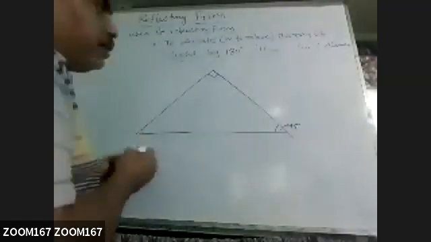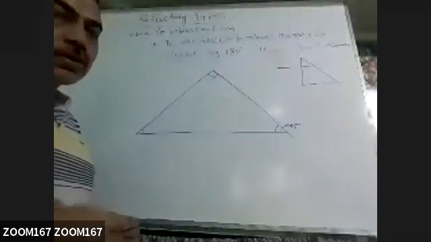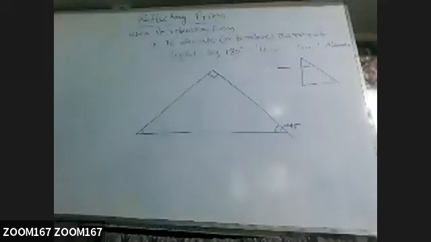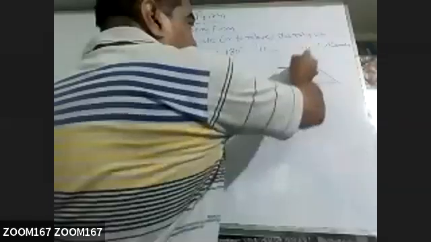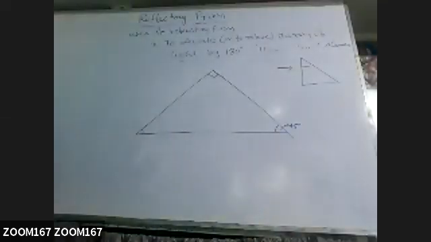In the previous one, what was that? The ray was incident not perpendicular to the hypotenuse but on one of the equal sides, either base or perpendicular, whatever you will say. So the ray was incident like this on this side, but here it is incident on the hypotenuse.